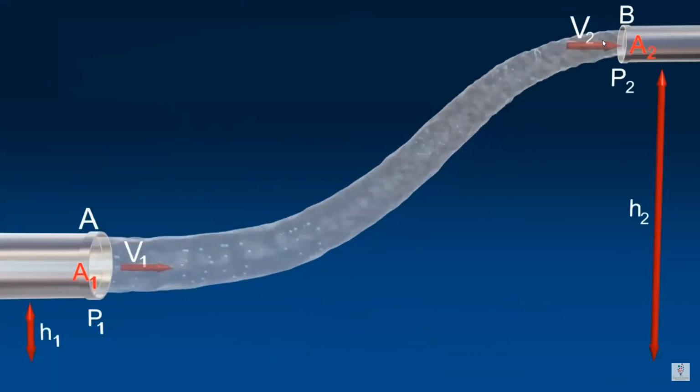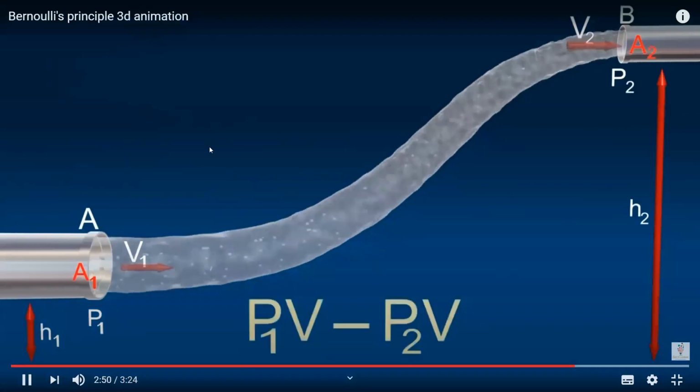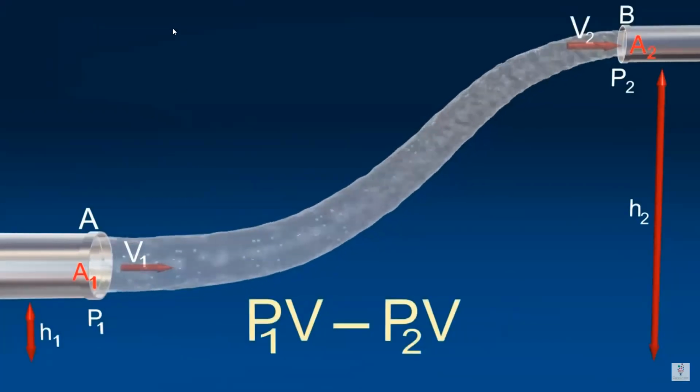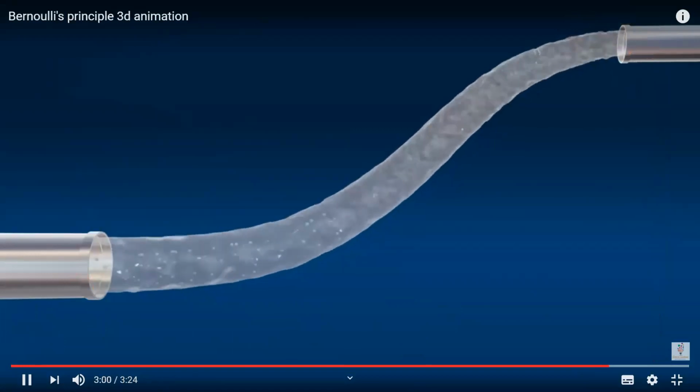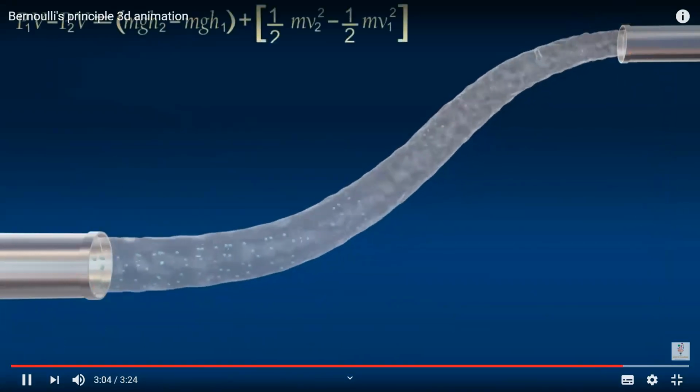Net work done equals P1V minus P2V. The net work done per second equals the increase in potential energy and kinetic energy per second from A to B, according to the law of conservation of energy.